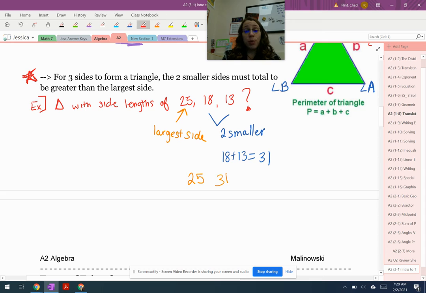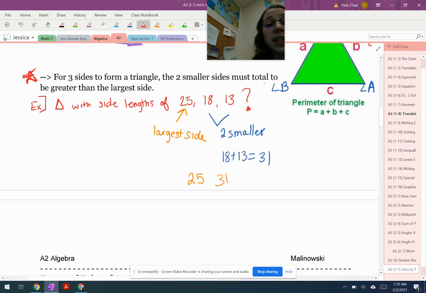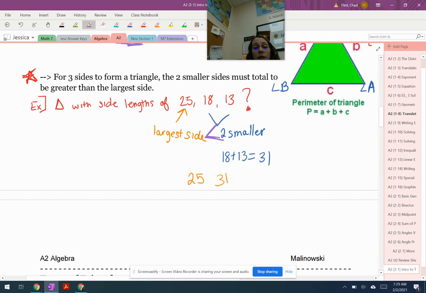The two smaller sides must total to be greater than the largest side. Okay, yes. So the two smaller sides must be greater than the largest side, which means the largest side needs to be less than the two smaller ones, which is the case here.